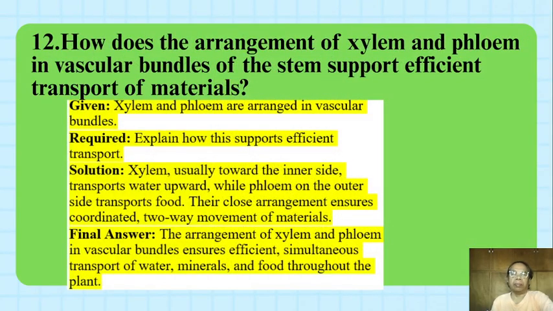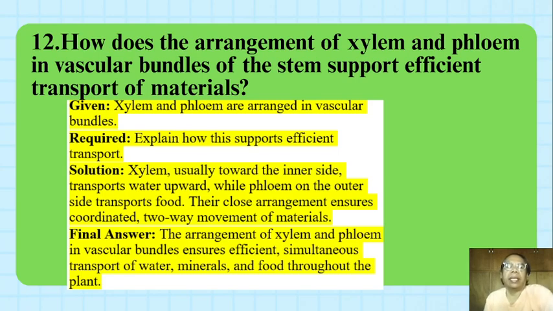Number 12. How does the arrangement of xylem and phloem in vascular bundles of the stem support efficient transport of materials? So given xylem and phloem are arranged in vascular bundles. So required, explain how this supports efficient transport.